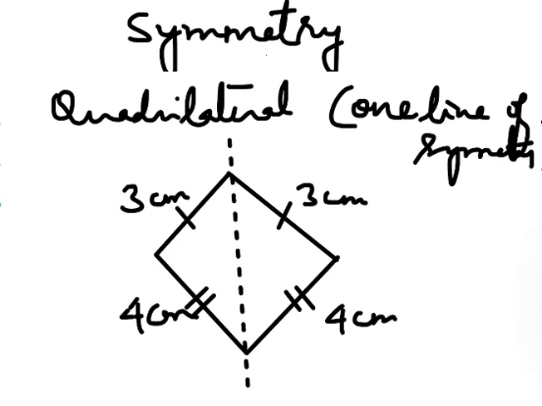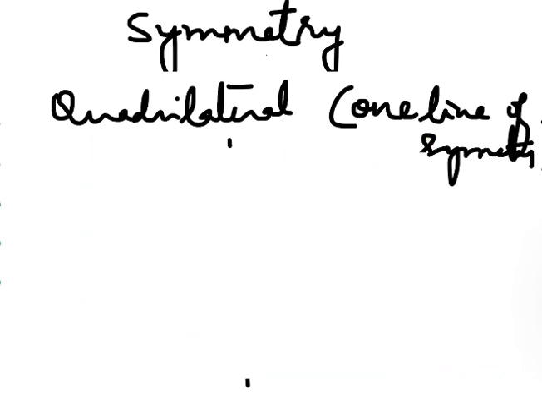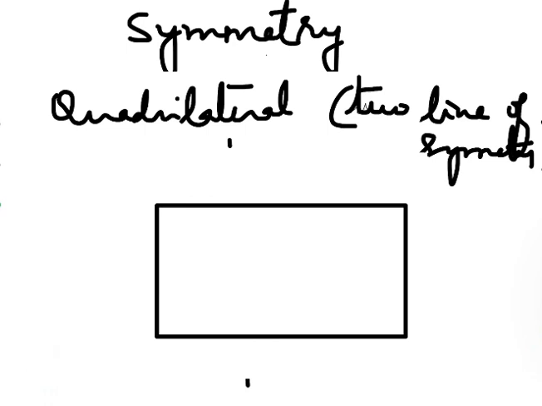How can we draw a quadrilateral with two lines of symmetry? With two, it's like a rectangle. A rectangle with only two. The other way would not fit. But it will have more than two also, a rectangle? Oh, but that's fine, we can still draw this, a rectangle, two.